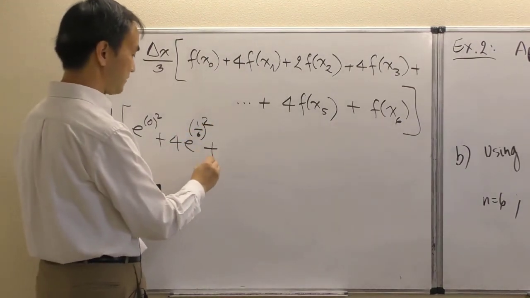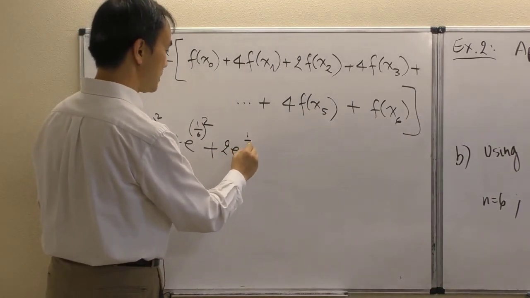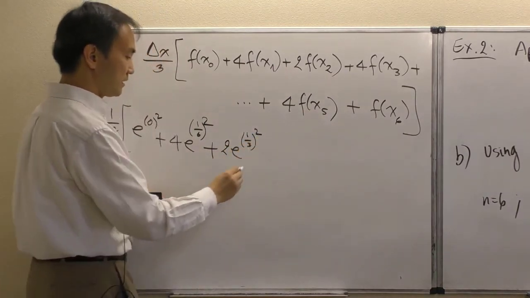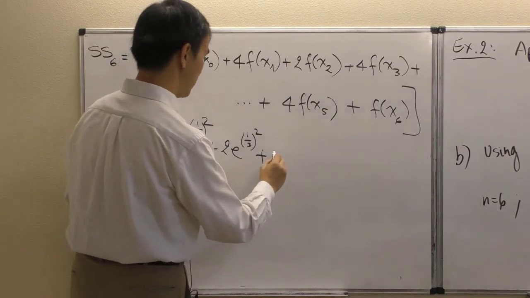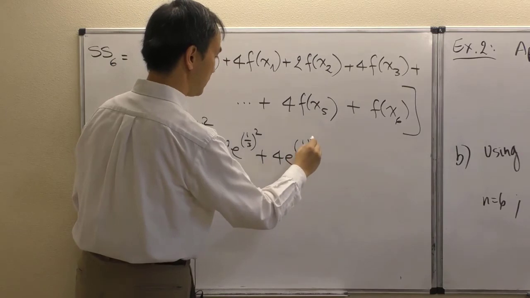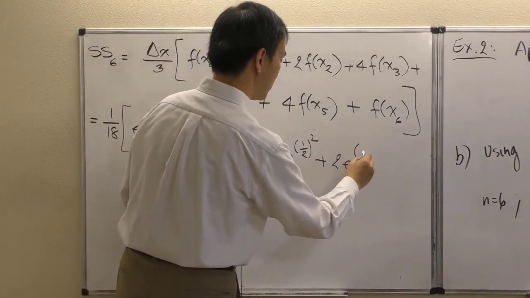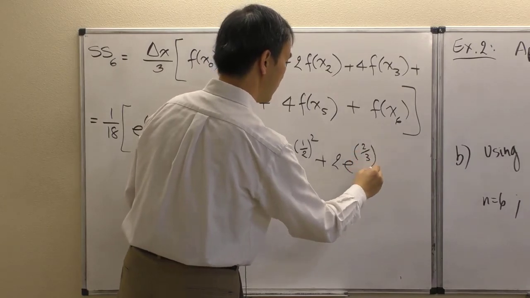And then now I'm going to have 2 times e to the 1/3 all square, plus 4 times e to the 1/2 all square, plus 2 times e to the 2/3 all square.